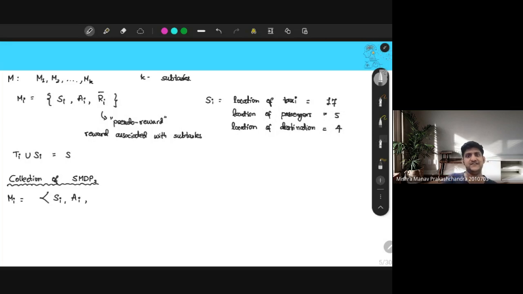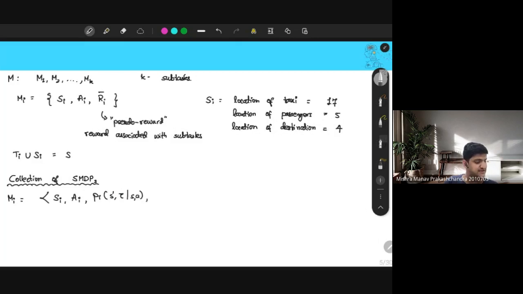Next, we have the transition probability for an SMDP, which is Pi of S prime, tau, where tau is the number of time steps required to execute that particular subtask or sub-action, given my state and action.